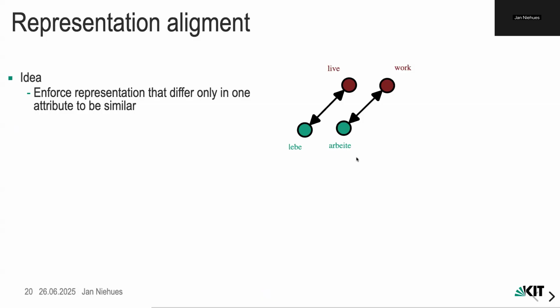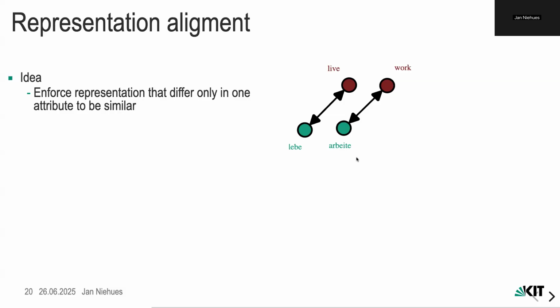When we're training, we're not only training that these points are somewhere based on the loss, but we have an additional signal telling us, oh, lebe and live should be as near to each other, and arbeite and work should also be as similar to each other as possible. Because then, if they're very near to each other, it might not matter that much, and we can more easily train them to do that.